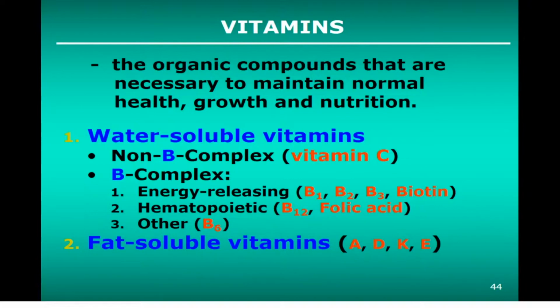Deficiency of cobalt as well as of vitamin B12 leads to anemia, the cancer one. And folic acid, also a B complex. Among other B complexes, vitamin B6. Fat-soluble vitamins: A, D, K, E.